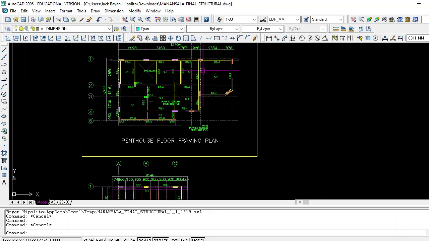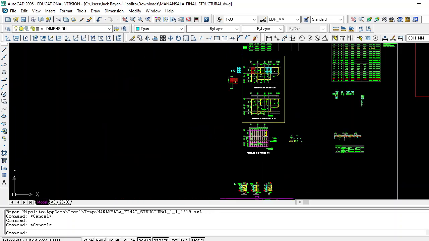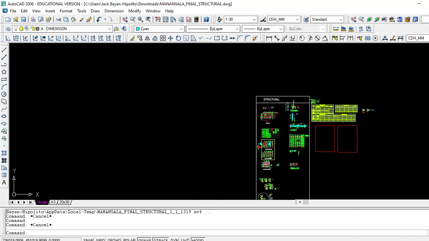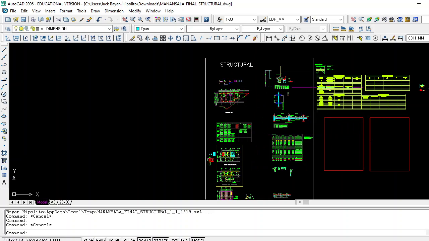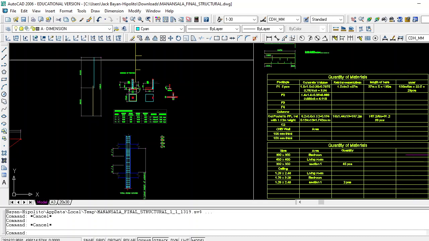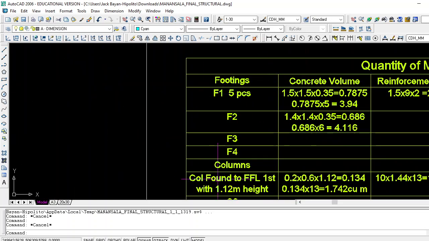Okay? Now, as you can see, na-discuss na natin is about the table. So, I will be sharing to you, kokopyahin nyo na lang yung table ng Excel para kahawig ng table na to. Tapos, naka-itemize yung mga gagawin ninyo.